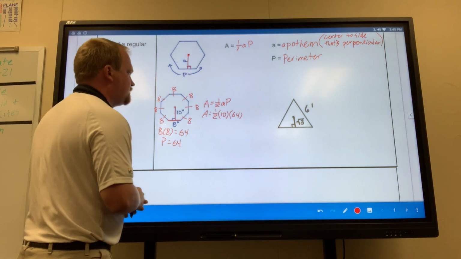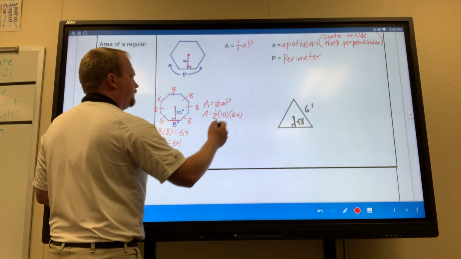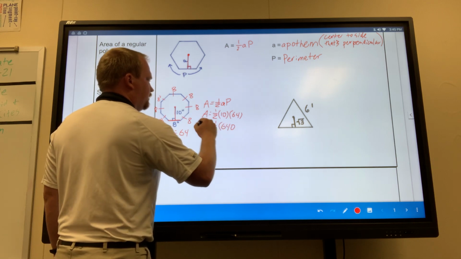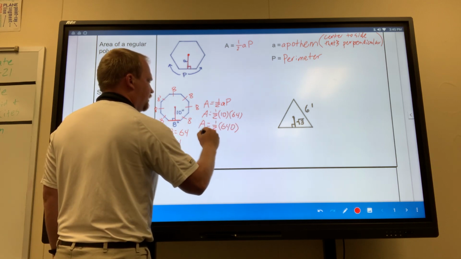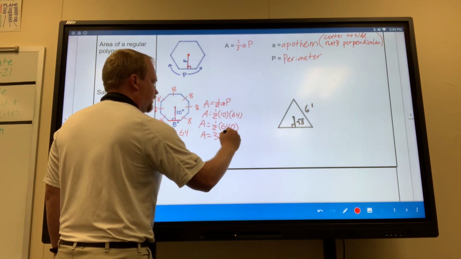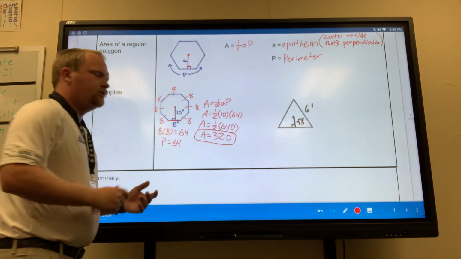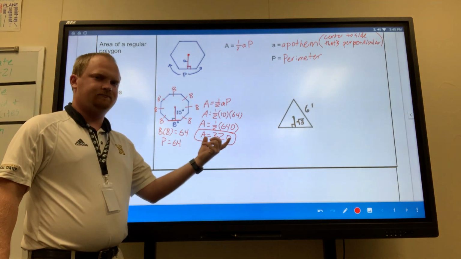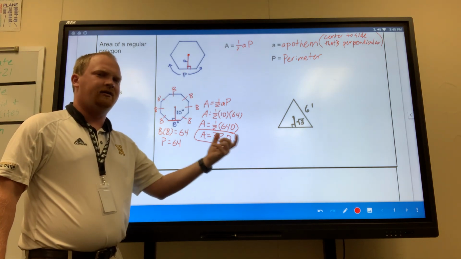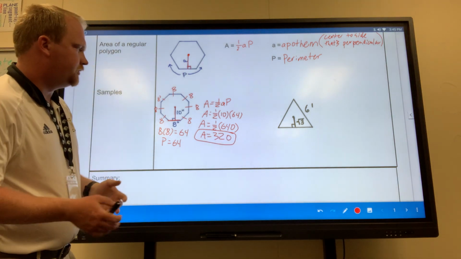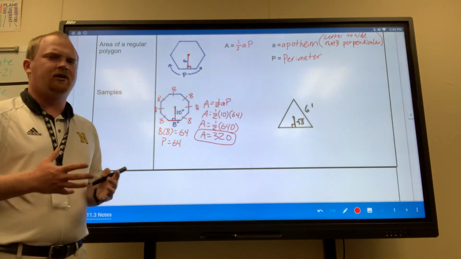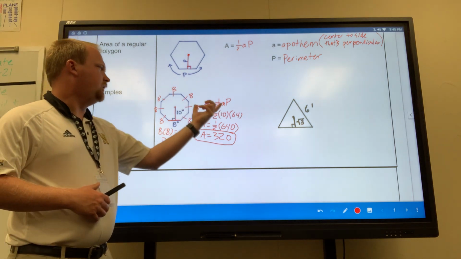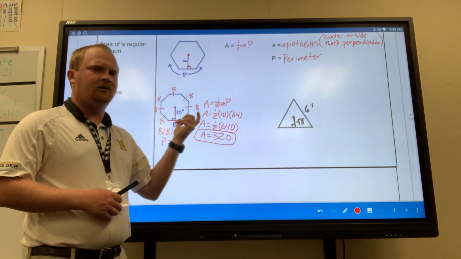Now, if I multiply these two out, I get 640, and half of that is 320. So the area of this regular polygon is 320. That's what's going to be my area. All right. So that's a very important thing to keep in mind, because this formula is going to help us find an area of a regular polygon.